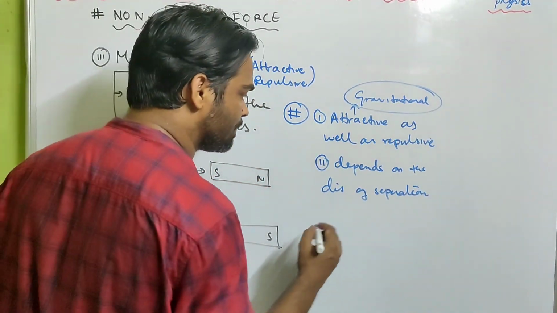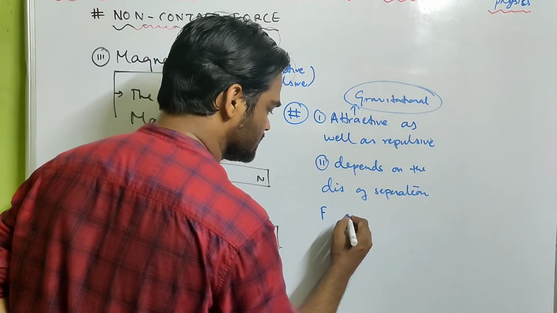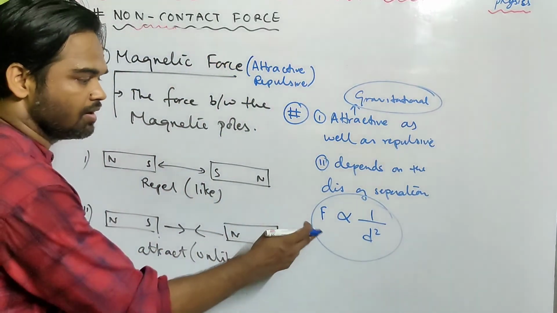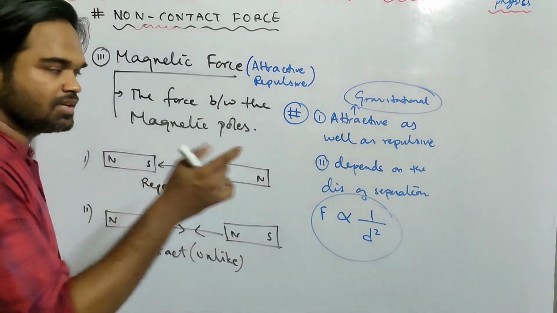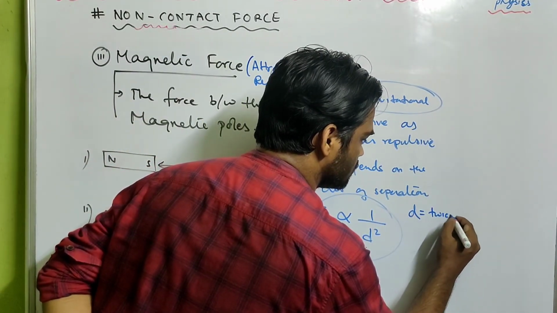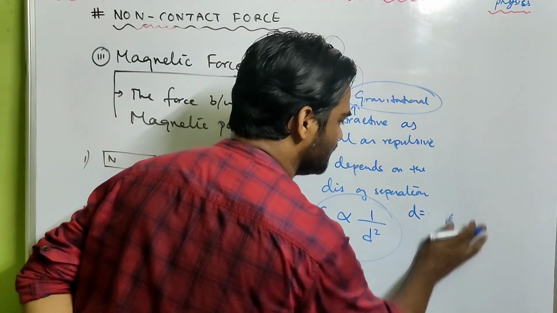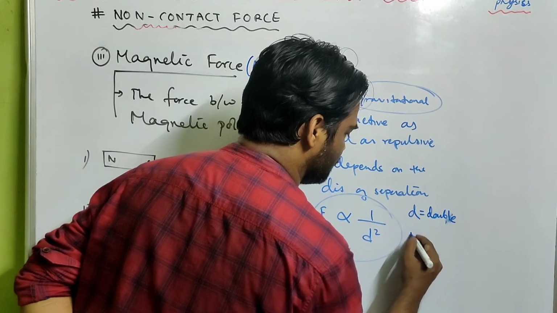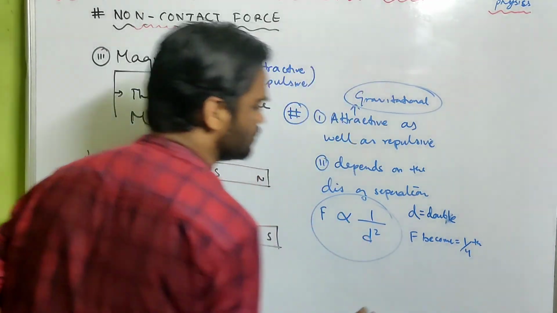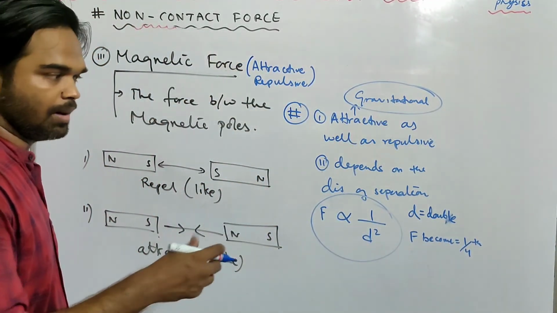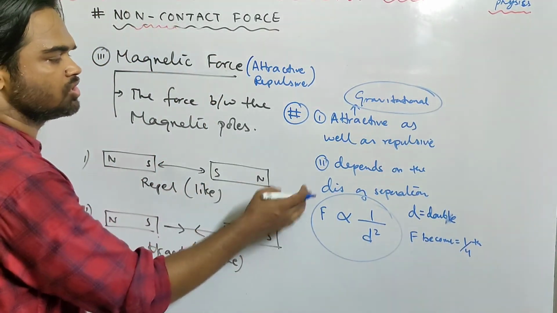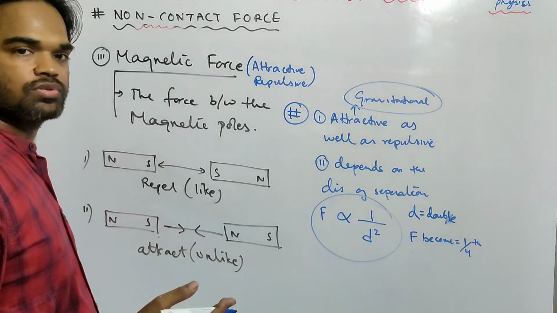This force is inversely proportional to the square of the distance of separation, which means if you double the distance between the two objects, then the force becomes 1/4 of the original case. If you double the distance between two bodies, the force becomes 1/4. So these are the general characteristics of non-contact force.